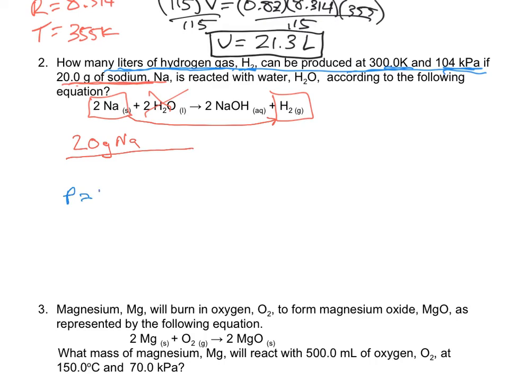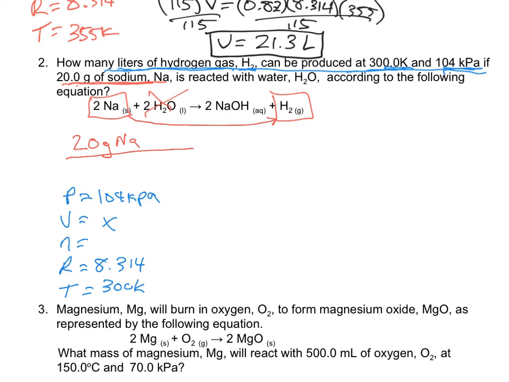P is 104 kPa. My V is what I'm trying to find, how many liters. My N is also what I'm going to use stoichiometry to find, and then my R is the same thing, 8.314, and my temperature is 300 Kelvin, right?